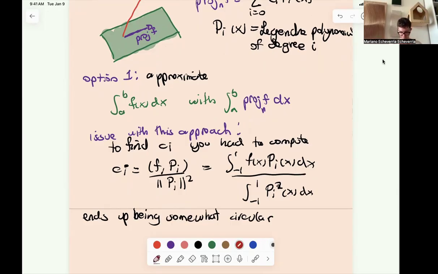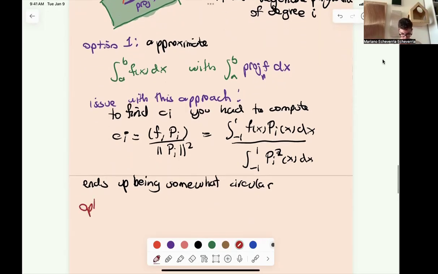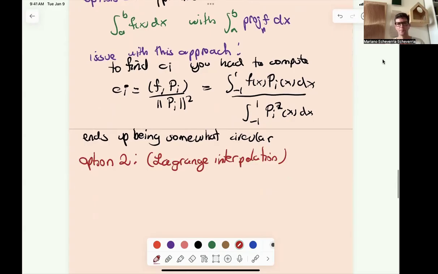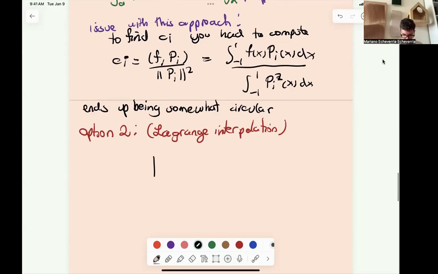So option two will be the Lagrange interpolation, where the idea is that you had, let me draw the function, right?